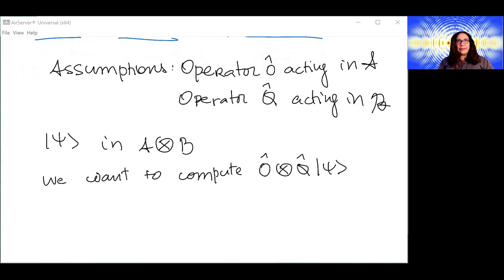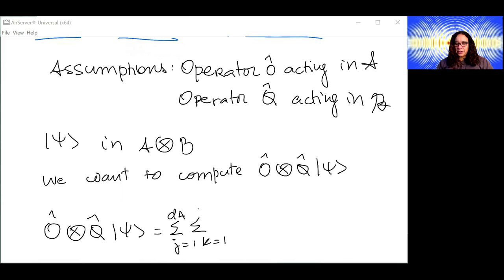So let's do it. We have O tensor product Q applied to psi. This means that we're going to have the sum with J going from 1 to dA, and then K going from 1 to dB, of CJK.